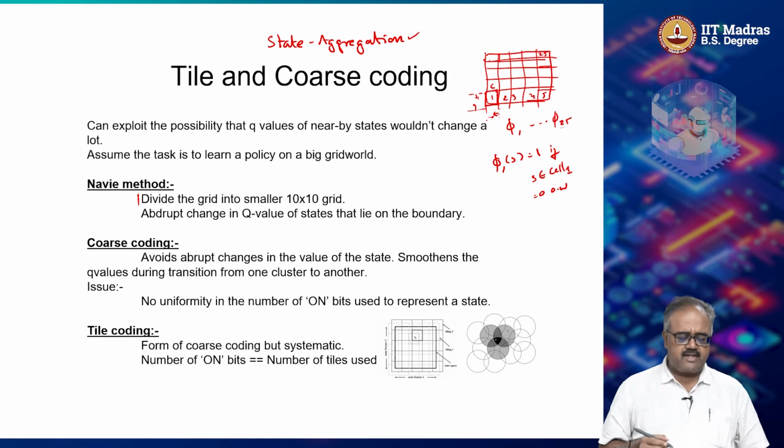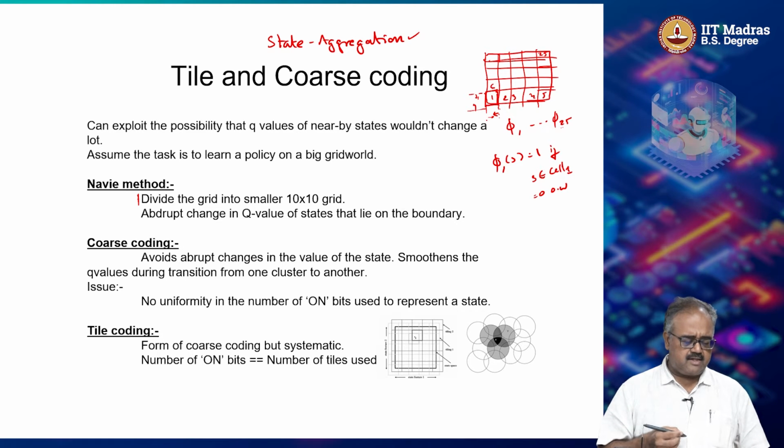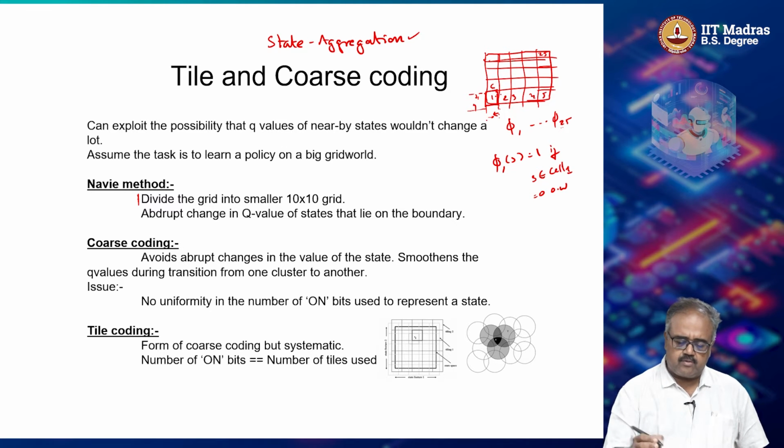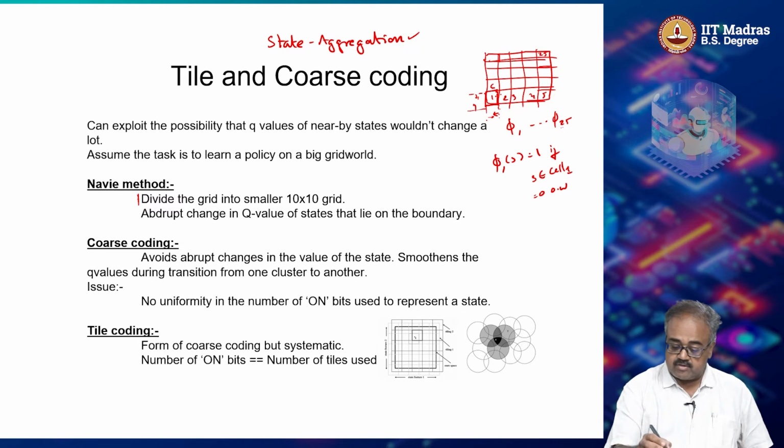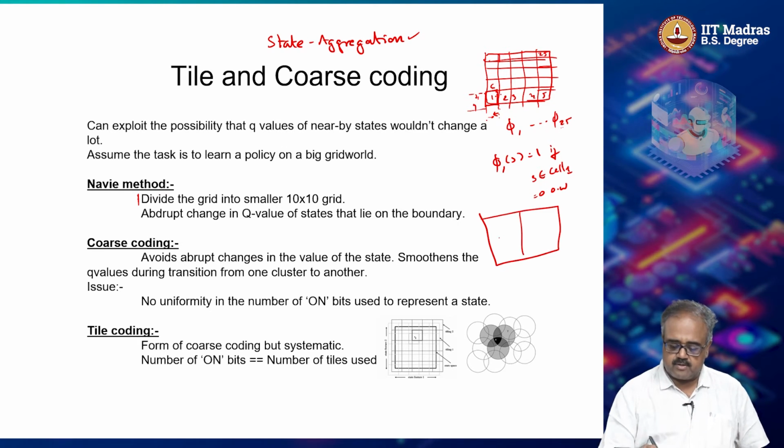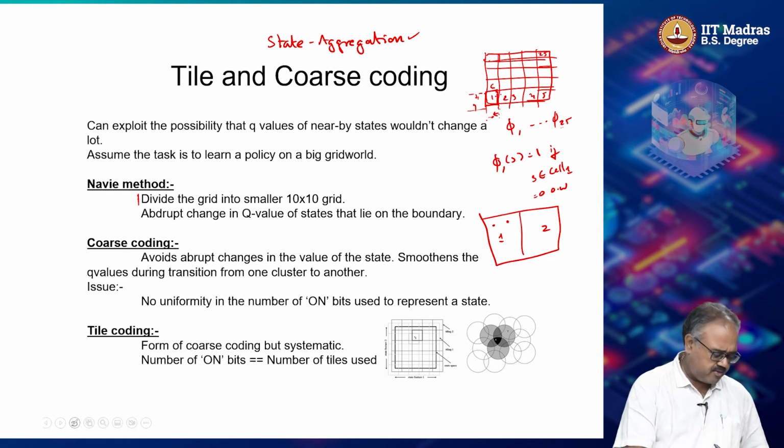The naive method is to say that you divide the grid into a smaller 10 by 10 grid, but the problem is that when I go from cell 1 to cell 2, let us take a close up look. So this is cell 1, this is cell 2.